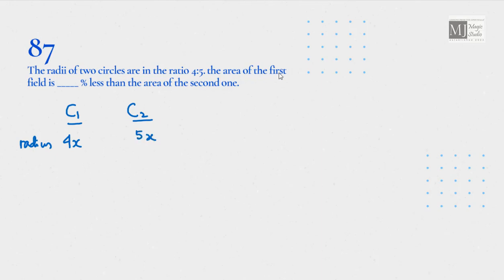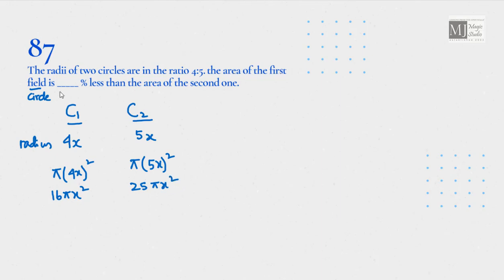The two circles mean circular fields; the field means circle. So area of the first circle would be pi 4x square, that is 16 pi x square. And area of second field is pi 5x square, that is 25 pi x square.